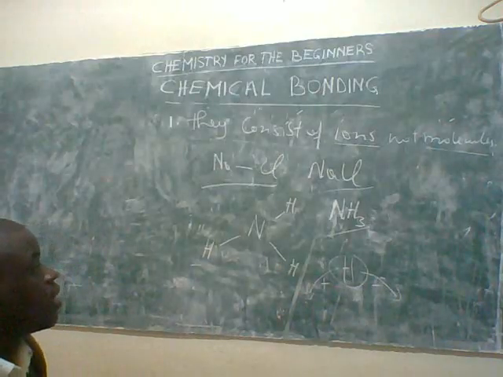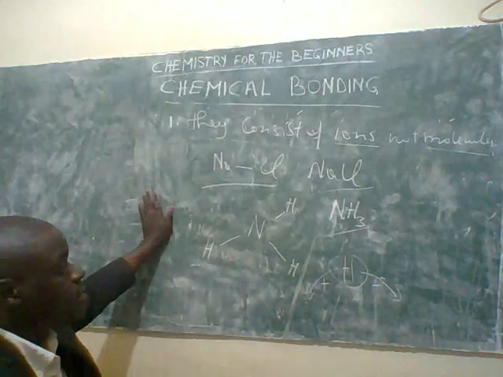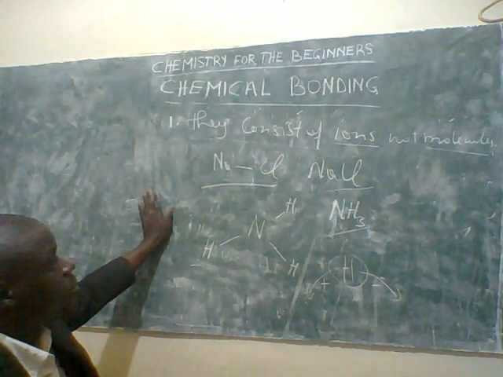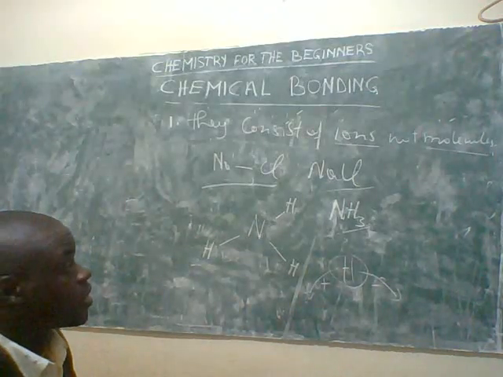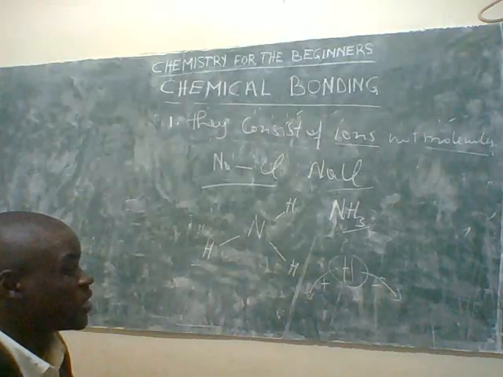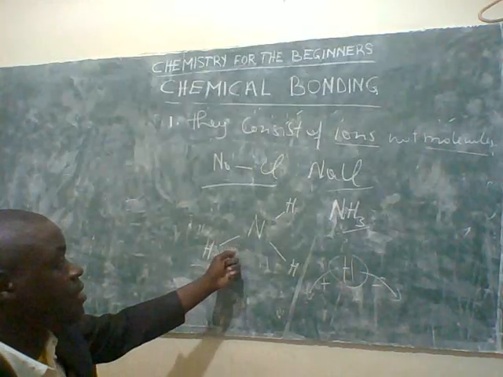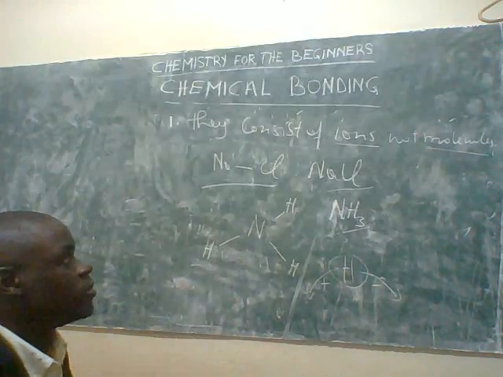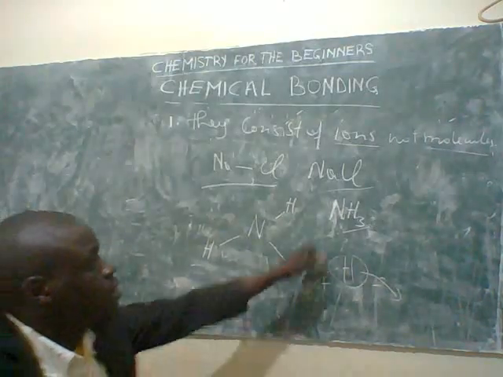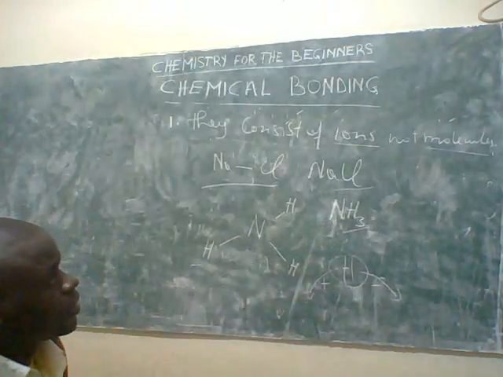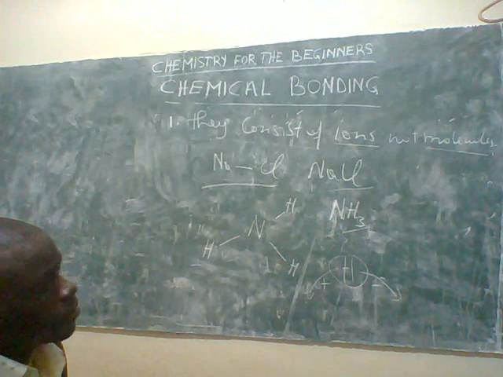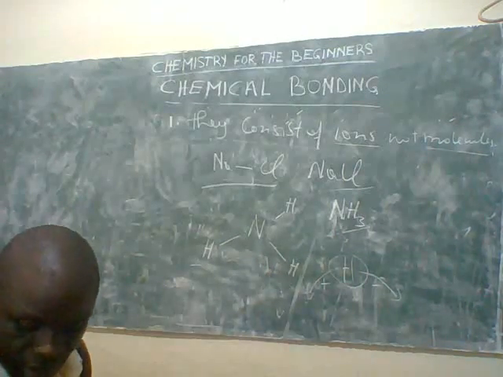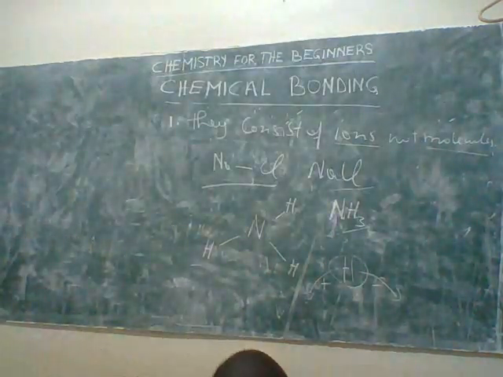So if we see here, for example, we will not say that this is an ionic compound, because this is a molecule. No, not a molecule. Let me show you.